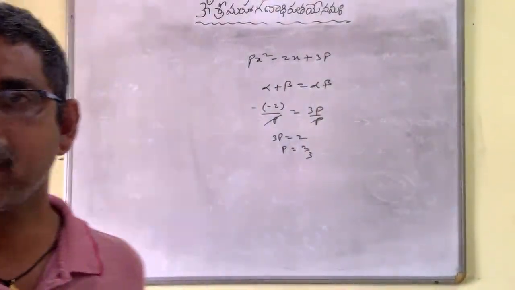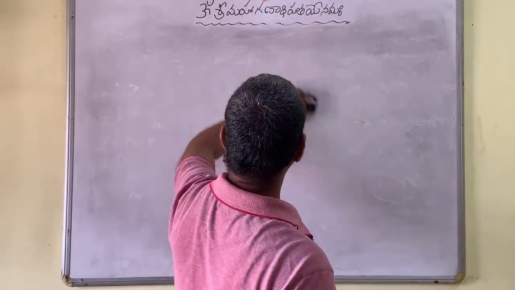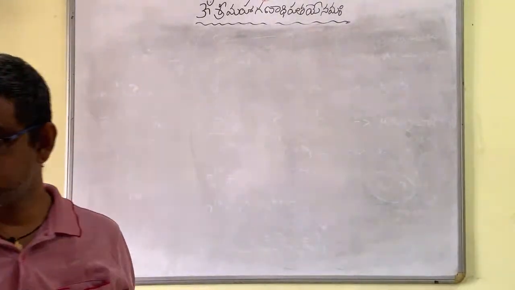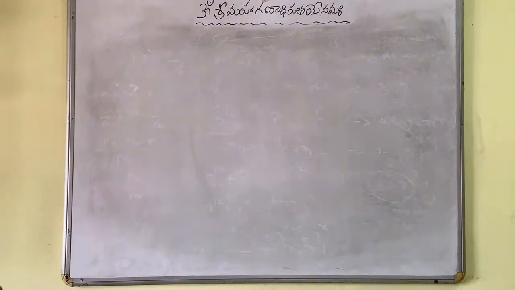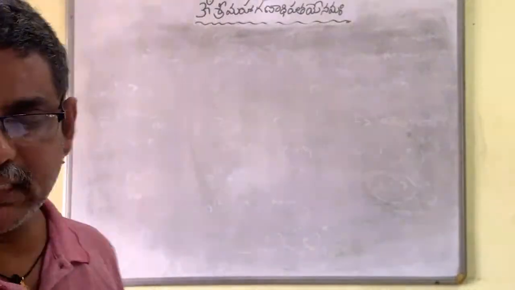Sixth question. P and Q are the zeros of 2x square minus 7x plus 3.